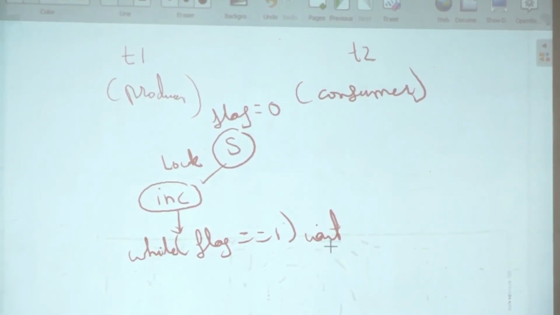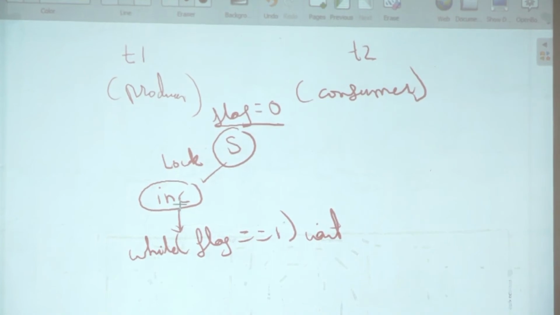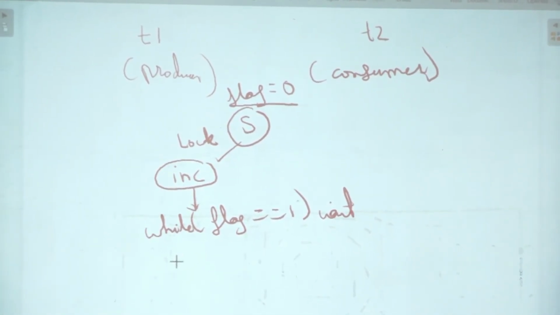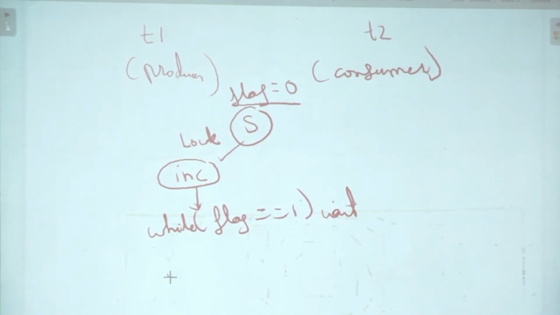What did it do now? If it is 1, I'll wait, but it is not 1, it is 0. In the beginning, remember, flag will be 0. So it said, flag doesn't happen to be 1, so I will not wait. Instead, I will make flag equal 1 and I will notify.